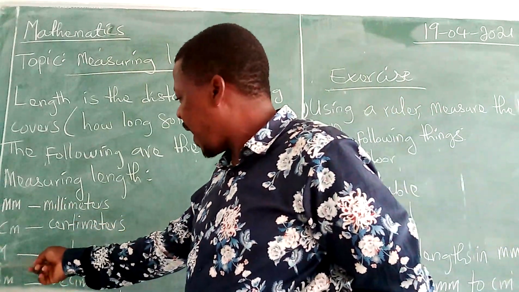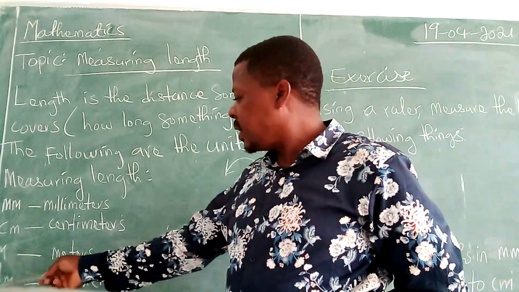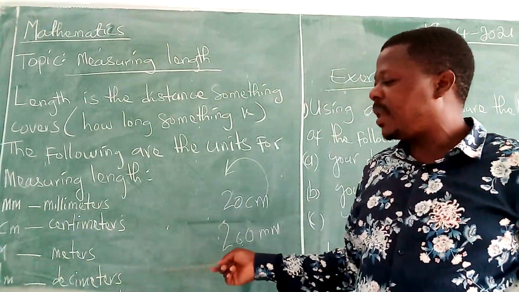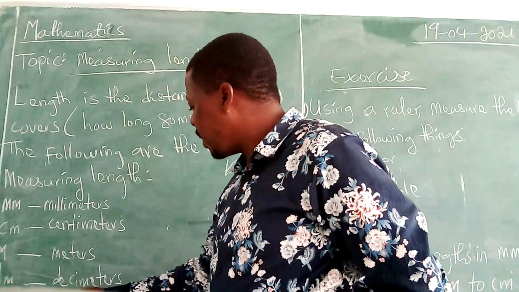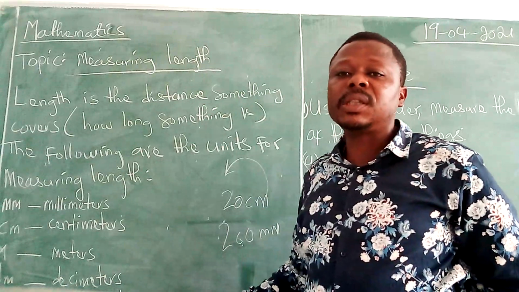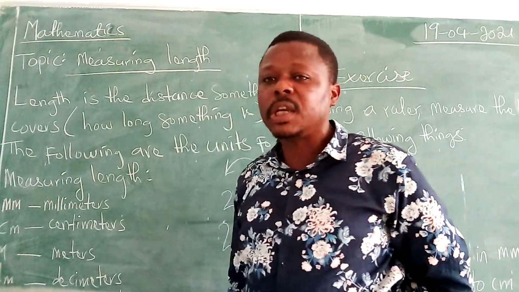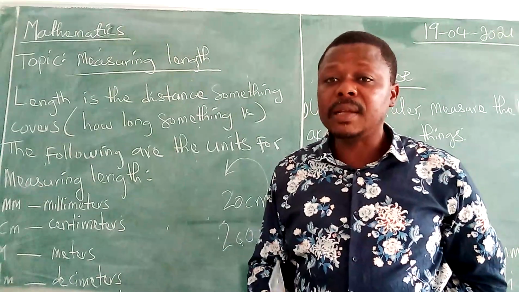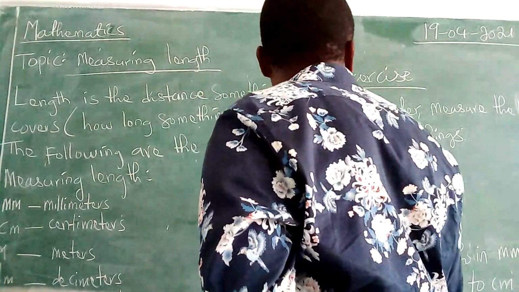We have m, which is meters. We have dm, which is decimeters. And we have hm, which is hectometers, and km, which is kilometers. We measure distance in each of these.